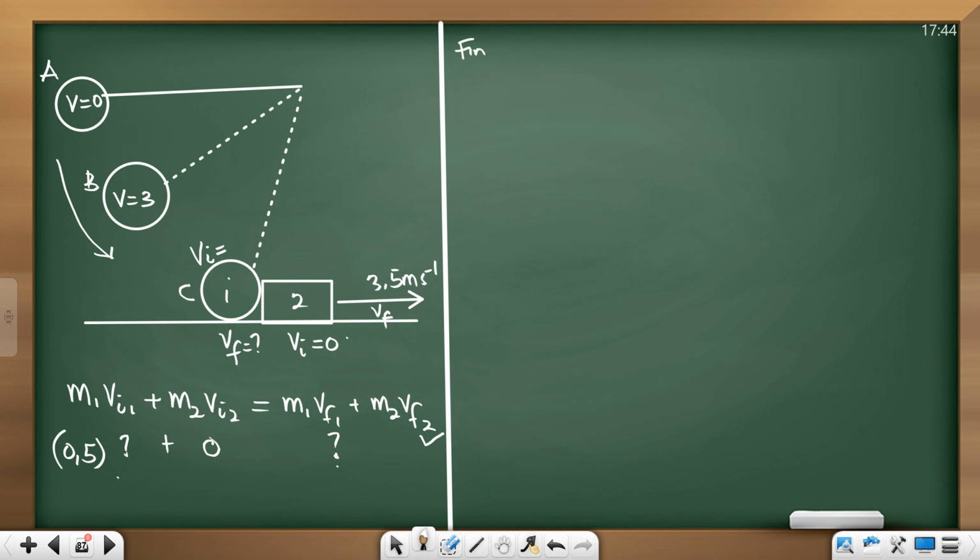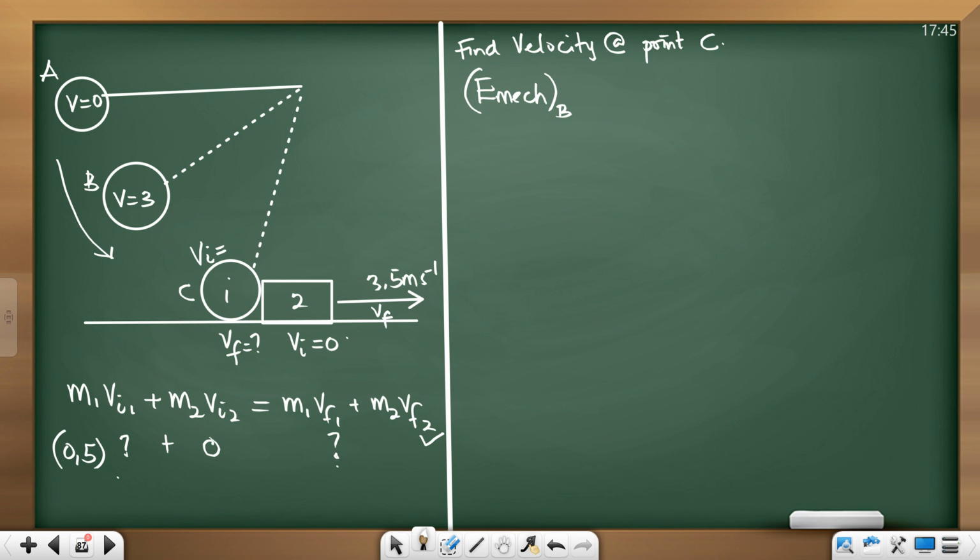We find the velocity at point C. This is where we bring in the law of conservation of mechanical energy. Remember what I said? The mechanical energy at point A is the same as the mechanical energy at point B, and that is the same as the mechanical energy at point C. So I know the E mech at point B, which we calculated as 5,19.